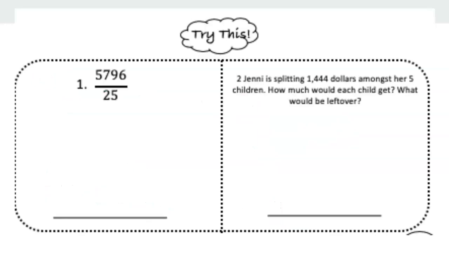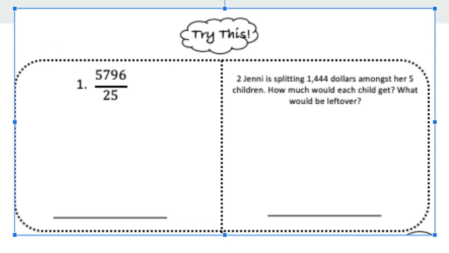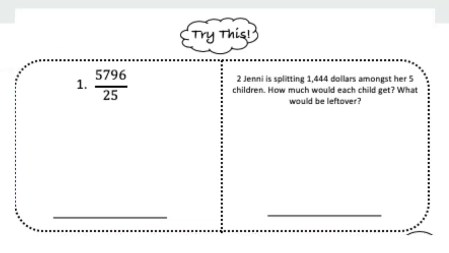My first problem is just a fraction, 5,796 over 25. Again, we remember that a fraction bar is just another way to show division. So I want to do 5,796 divided by 25. I want to write that as a division problem.